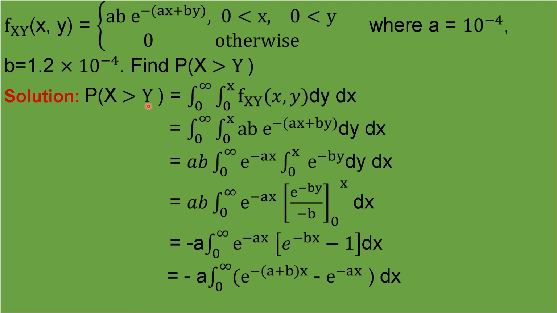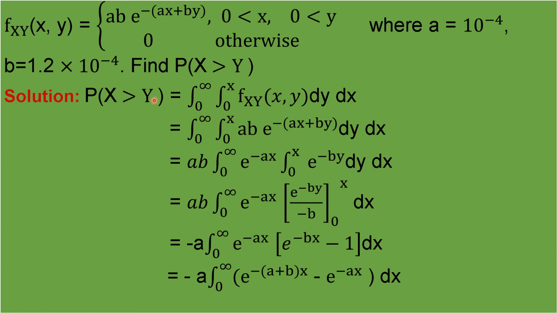For the bivariate random variables x and y, the probability is calculated through a double integral, because x and y are continuous bivariate random variables. The outer integral is with respect to x, the inner integral with respect to y.